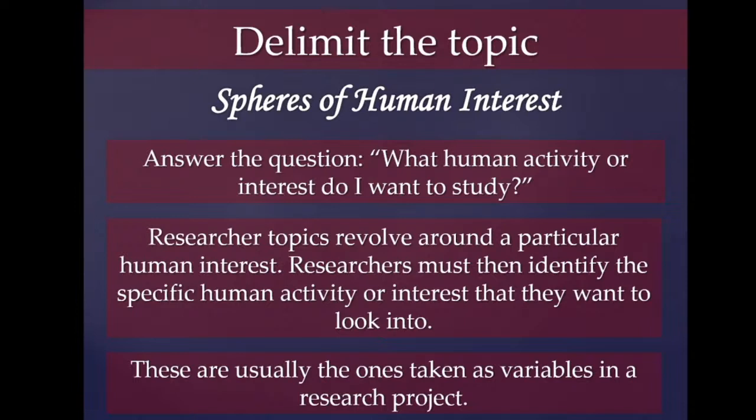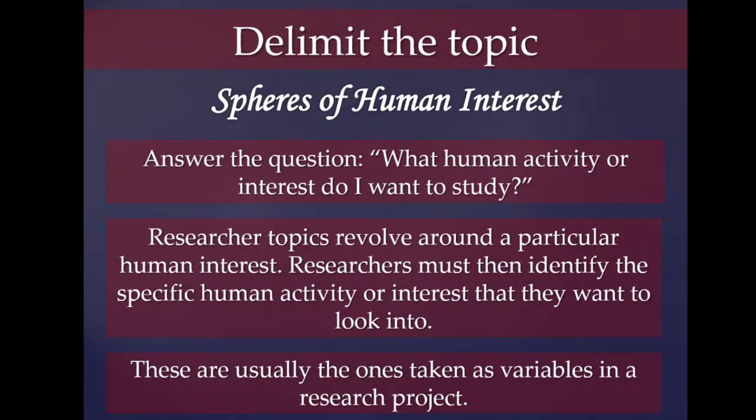We need to also identify which human activity or interest about civil rights we are interested in exploring. Is it the knowledge of the respondents about civil rights, their perceptions, perhaps, or opinions about civil rights, how they apply the civil rights, or maybe the number of times they exercise their civil rights, and many more?